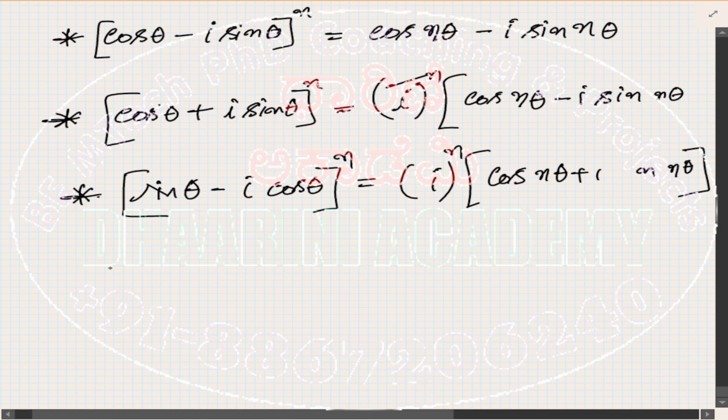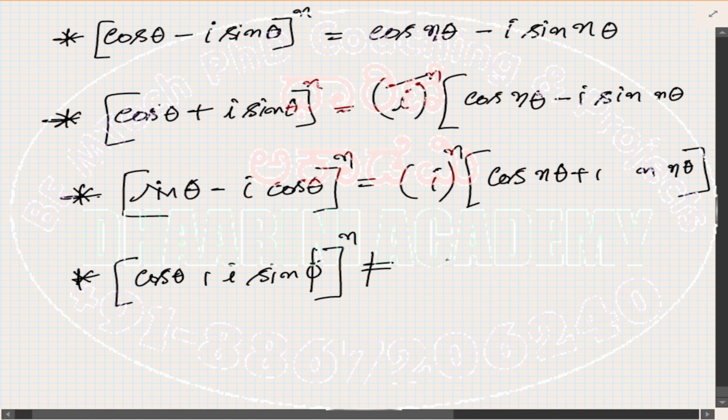Then we have the fourth format, that is (cos theta plus I times sin phi), a different angle, to the power n. Now you cannot equate this. Just remember, it is not equal to cos n theta plus I sin n phi. They are not equal.